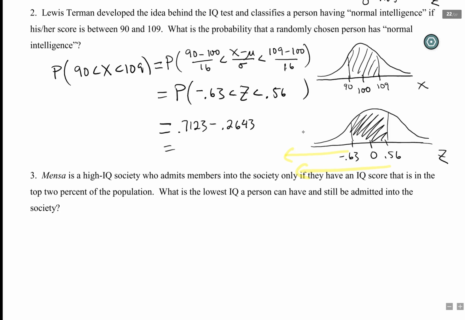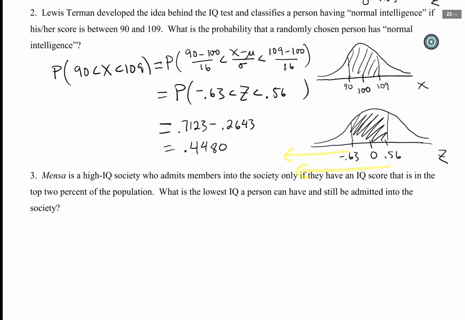Taking the difference, 0.7123 minus 0.2643 is 0.4480.